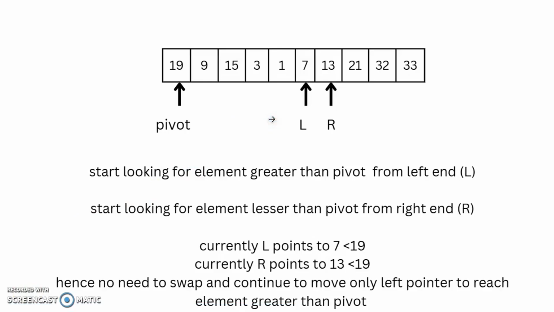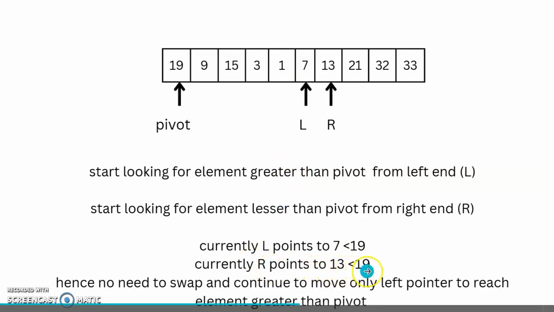Now again we are looking for an element greater than pivot from the left end and an element lesser than pivot from the right end. Currently the left pointer L points to 7, which is lesser than 19, and right pointer R points to 13, which is also lesser than 19. So as we have discussed earlier, we are looking for an element greater than 19 from the left end, and on the right end we are looking for an element lesser than 19.